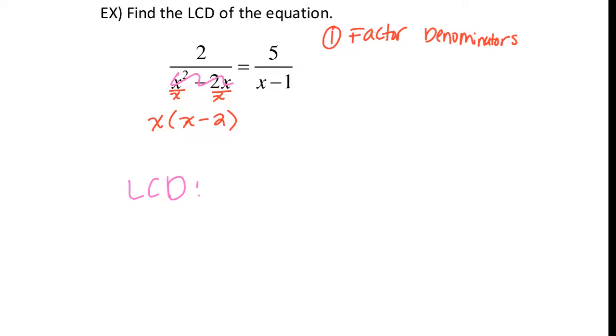So LCD, I'm going to get x, minus 2, x minus 1. I'm just taking all the denominators and combining them into 1 for the LCD.